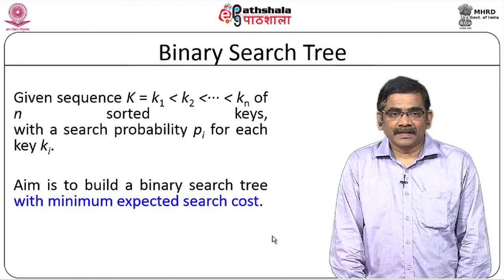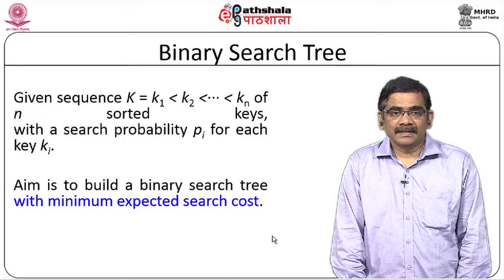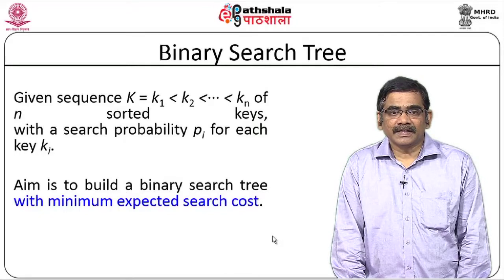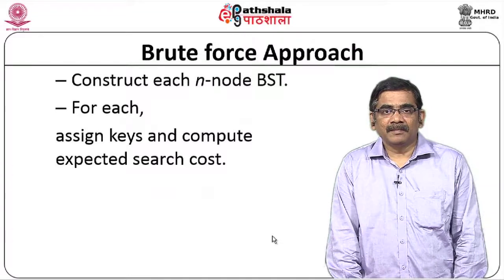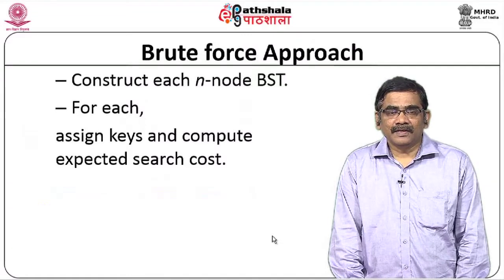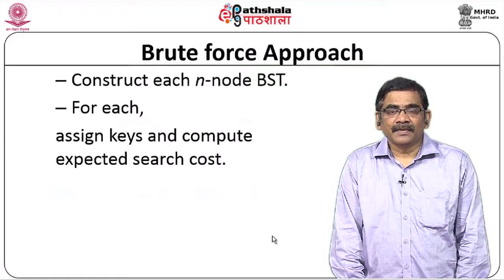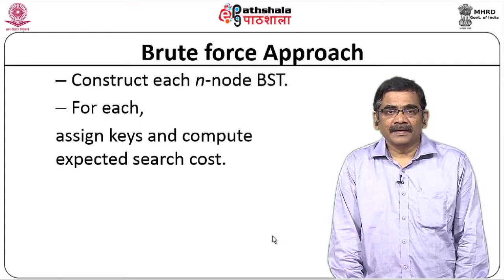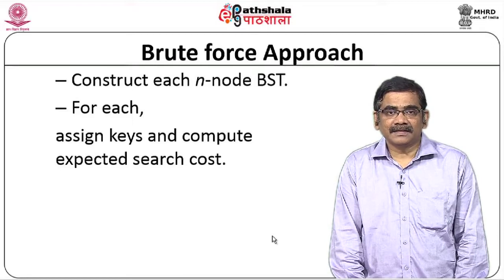We have a set of keys and every key is associated with a probability, and the aim is to construct a BST with the minimum cost. The key of this particular problem is the minimum cost. So, the question is, given a set of keys, any arbitrary keys A1 to An or K1 to Kn, how will you construct the tree such that the cost is going to be minimum?